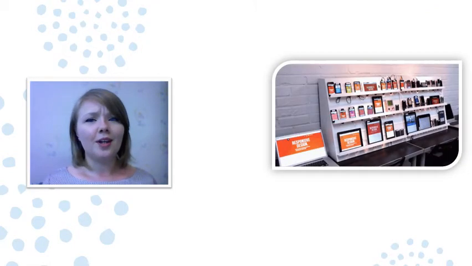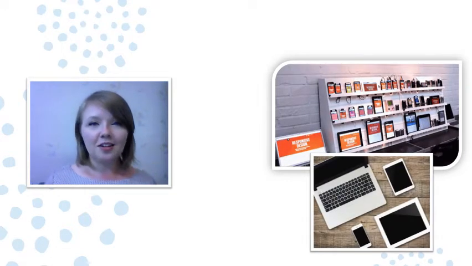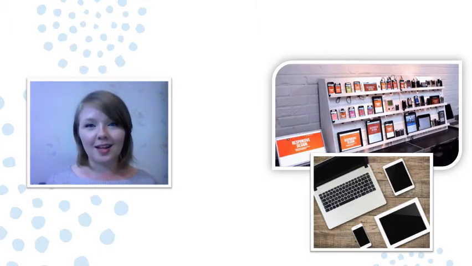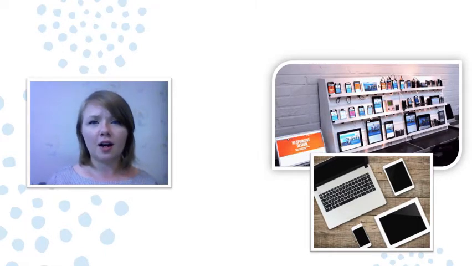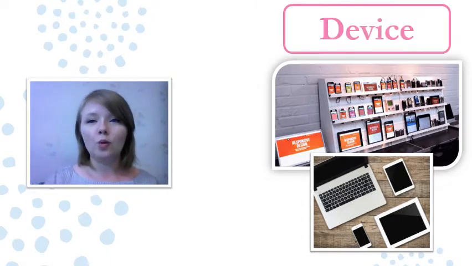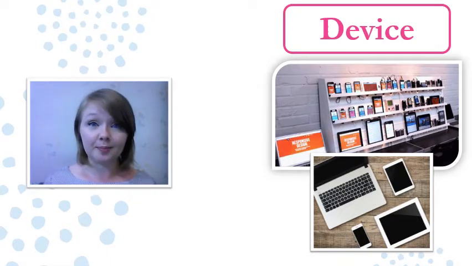All right, number 2. So here we see tablets, laptops, cell phones. These are all things that we might have, right? Big ones, small ones, all these things with screens. What is a word we could use to talk about these electronics? Here we would use the word device.